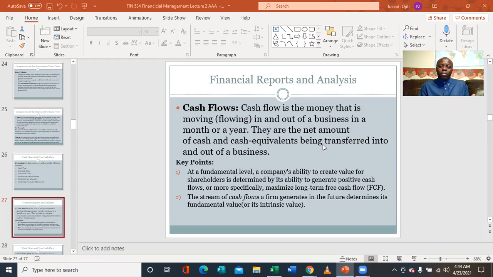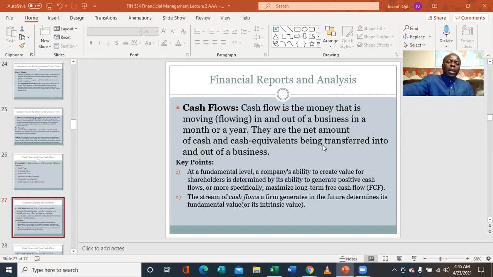Just like when we work, we get paid, and then we pay our bills. So money coming in to you and money used for your expenses and bills is your personal cash flow. For the company, it is the corporate cash flow. So cash flow is the net amount of cash and cash equivalent being transferred in and out of a business.